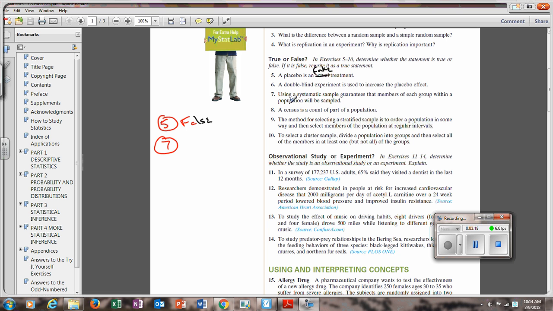Number 7. Using a systematic sample guarantees that members of each group within a population will be sampled. That is false.